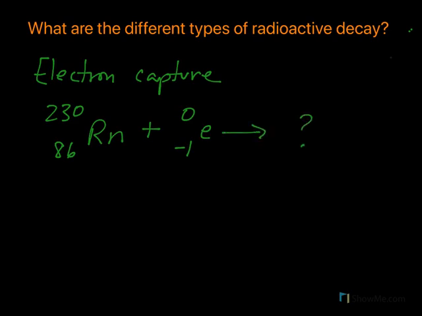And what is now the product of an electron capture? So again, as before, we do the math. 230 plus 0 must be 230. 86 minus 1 is 85. So our product has an atomic number of 85, and that is astatine.